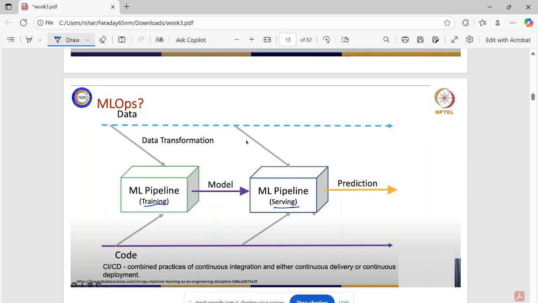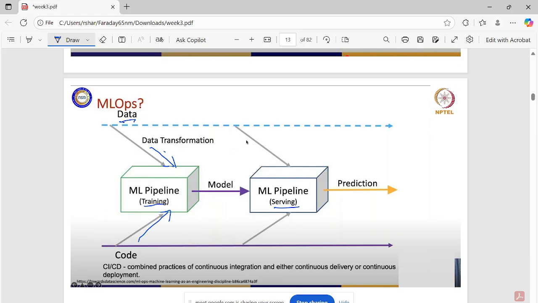So how do we take the data and transform it appropriately? There is an ML pipeline. There will be a model which will be trained using this type of training mechanism. Then we have a code which will be actually training this developing model.